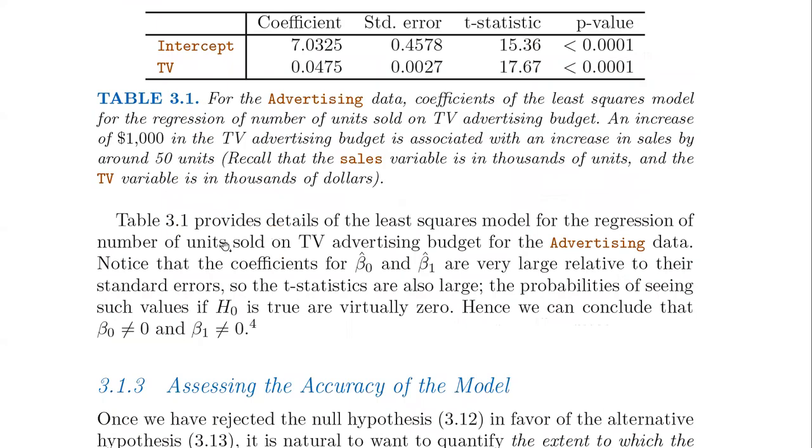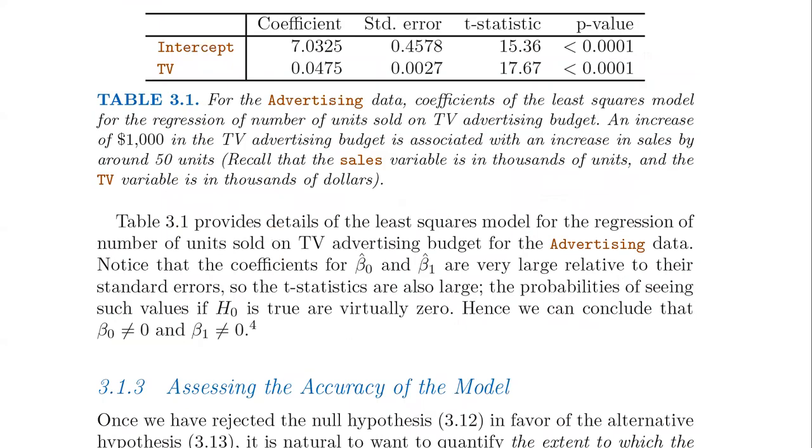So look, table 3.1 provides details of the least squares model for the regression of number of units sold on TV advertising budget for the advertising data. Notice that the coefficients for beta naught hat and beta 1 hat are very large relative to their standard errors. So is the standard error small or large? Well, on its own, you can't ask that question. There's no answer to that question. But compared, as a percentage to 7, it's not that large, right? It's not that large.